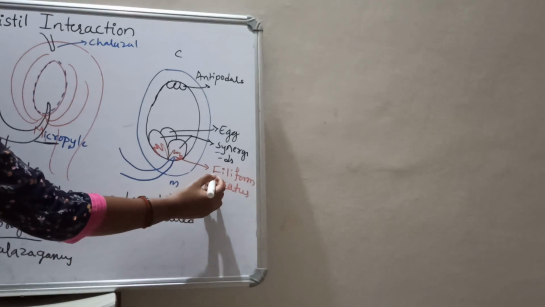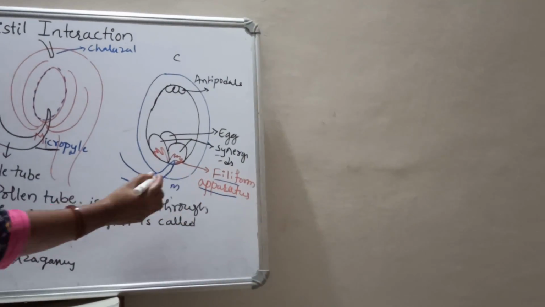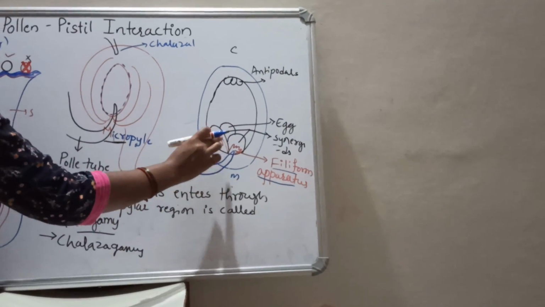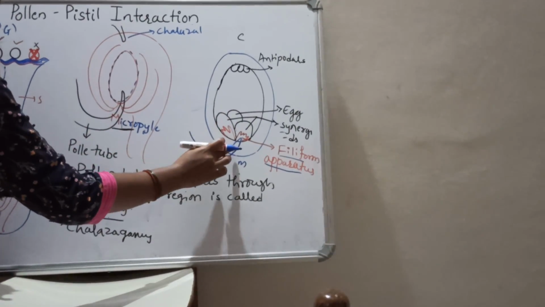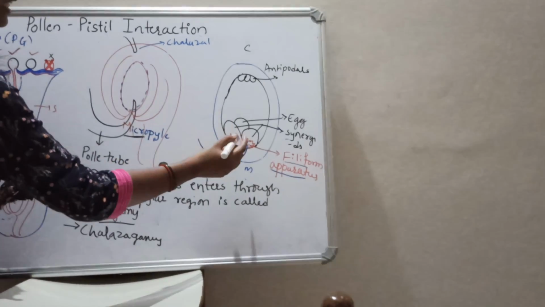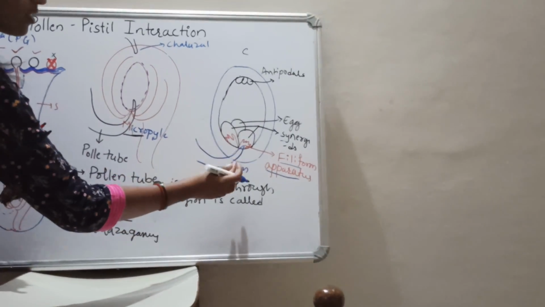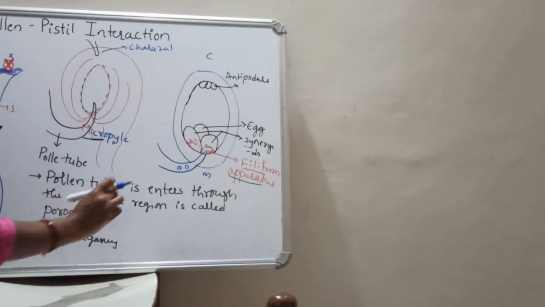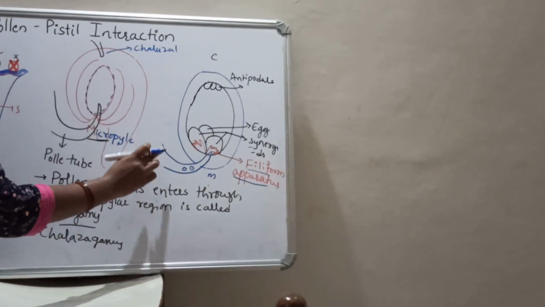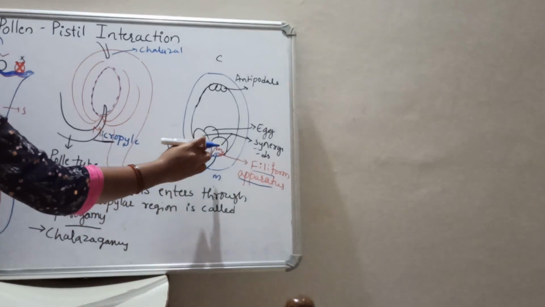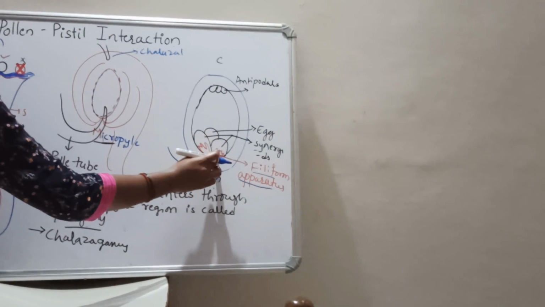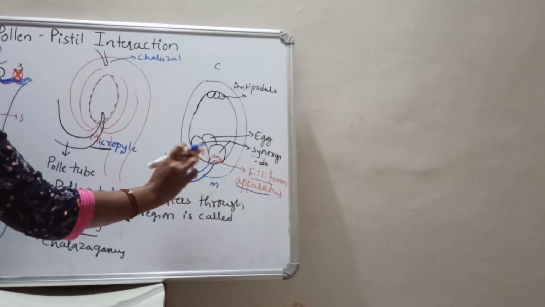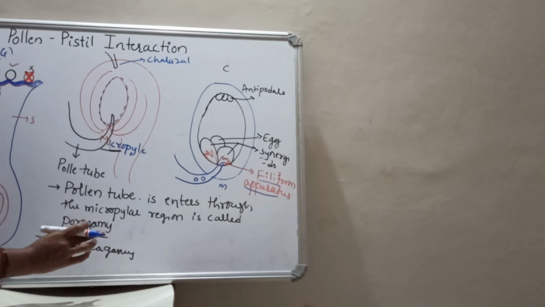Because the synergid cells have the filiform apparatus, and that filiform apparatus tissue guides the pollen tube to where it releases the two male gametes. That's why the pollen tube enters the micropylar region, and first enters one of the synergid cells. That is called porogamy.